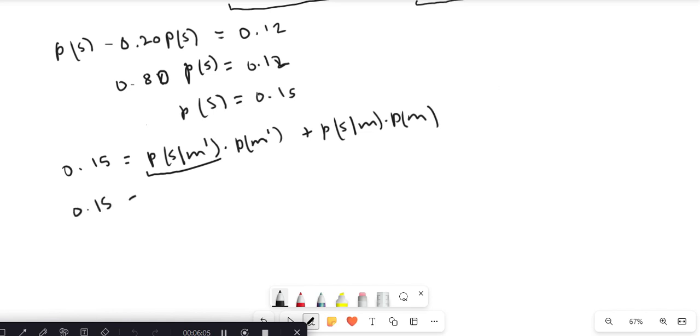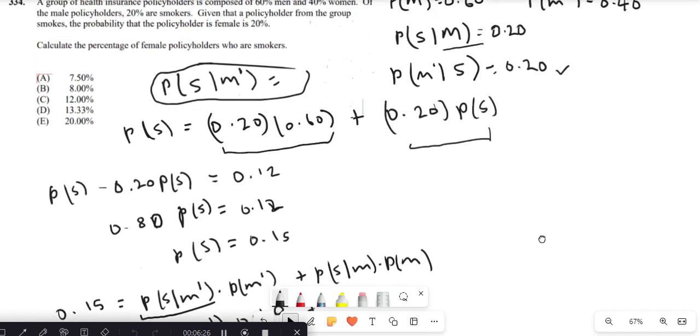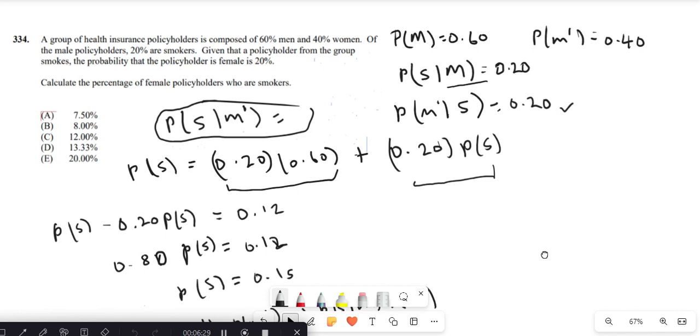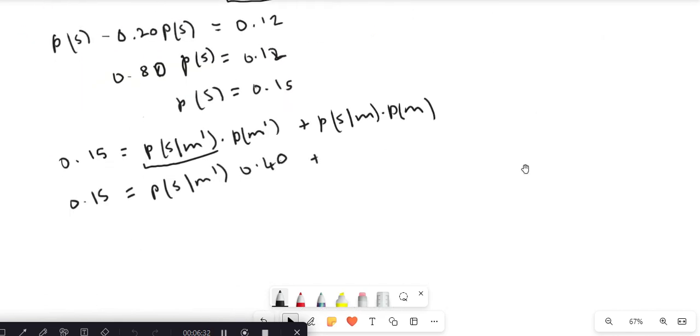So we have 0.15, and this is equal to the probability of S given M prime. Don't know what that is just yet. And the probability of M prime is 0.40, plus the probability of S given M, that is 0.20. And the probability of M is 0.60.